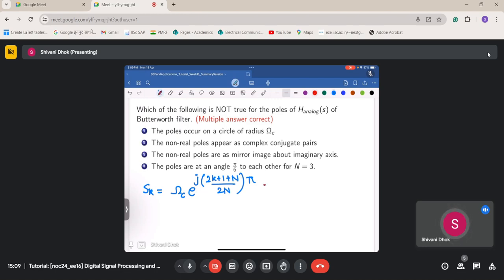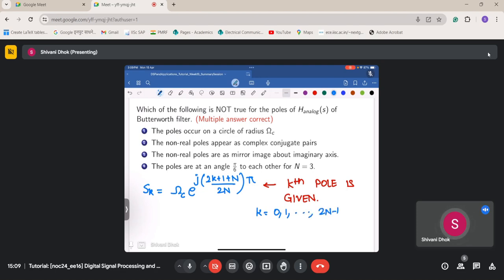So this is how the kth pole is given. And here we say that this k runs from 0, 1 and so on till 2n minus 1.